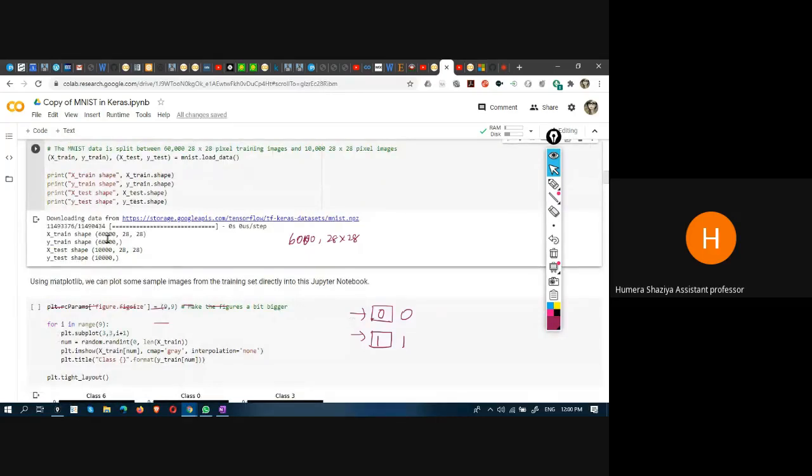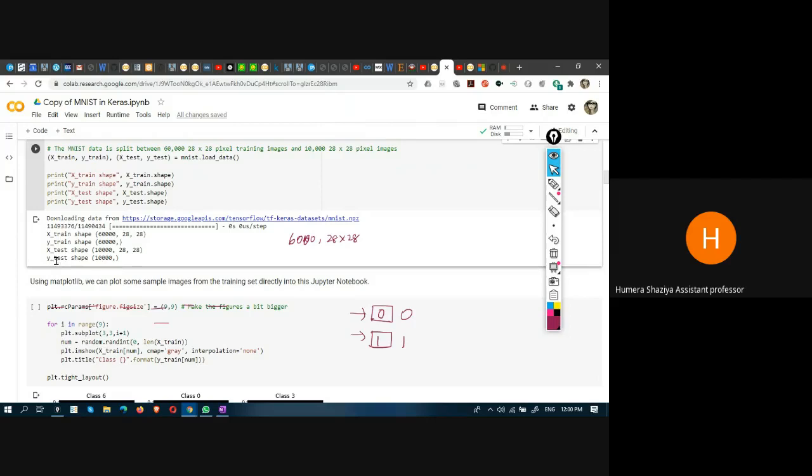Look at here. The shape of X train is 60,000, 28 by 28. So you will have all 60,000 images of dimension 28 by 28. And Y train's shape is 60,000 classes. Because it is in text form, it does not have any dimension.